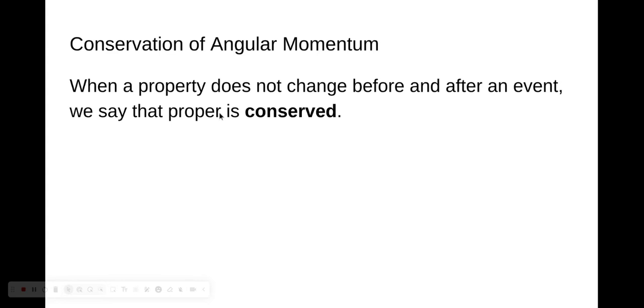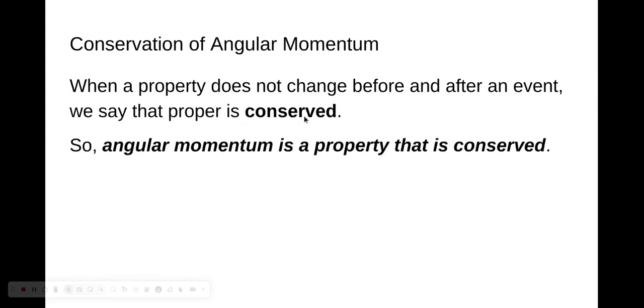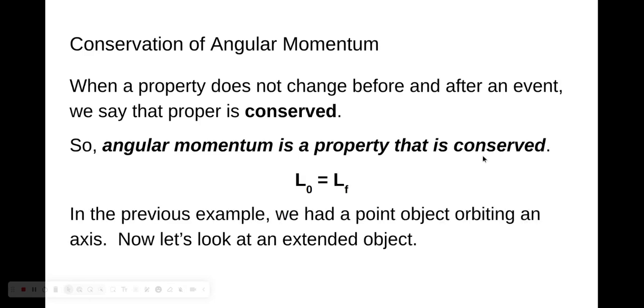I left off the TY there. Sorry about that. So angular momentum is a property in nature that is conserved in a system so long as you don't have an external torque or any other kind of input.